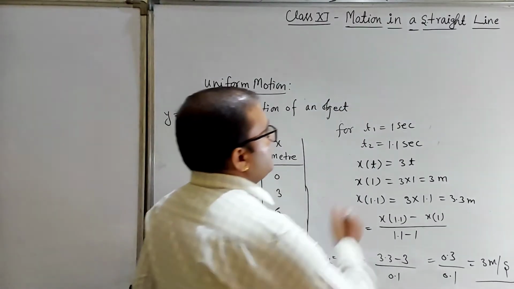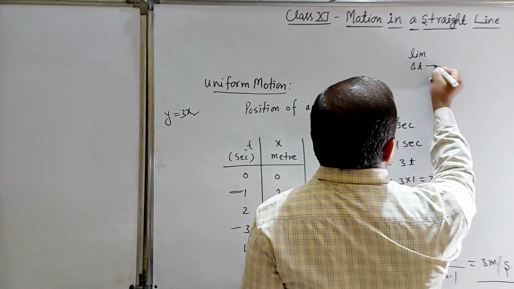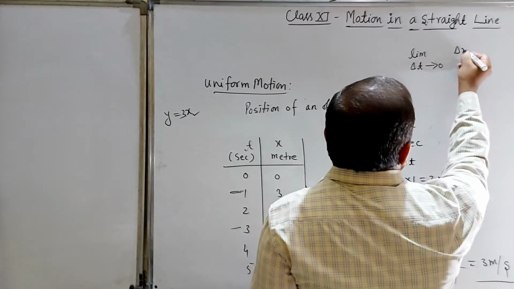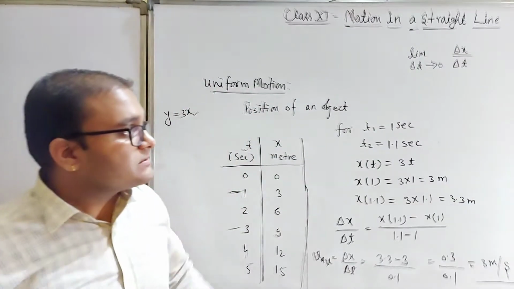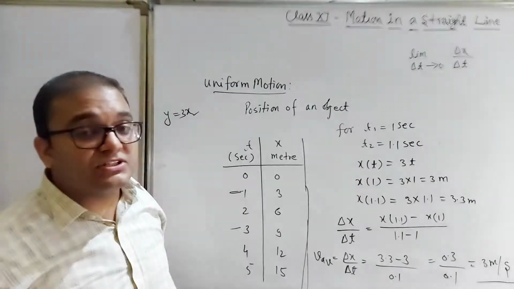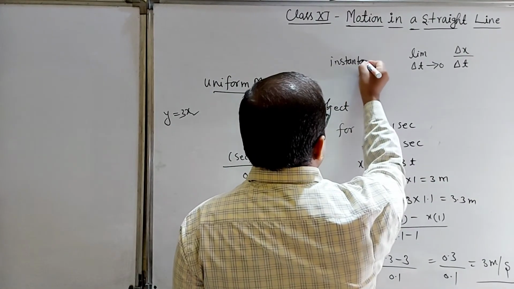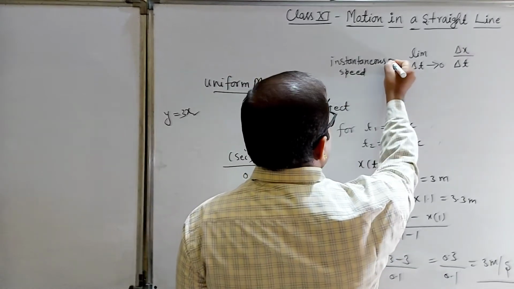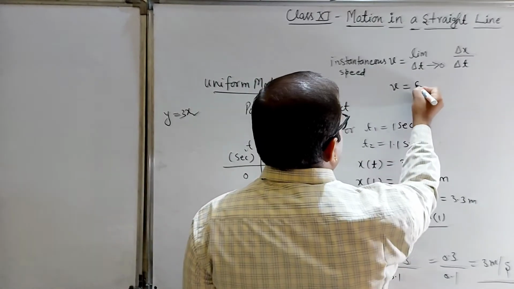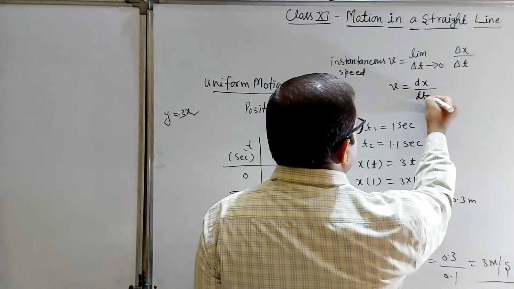And if we write limit delta t tends to 0 of delta x upon delta t, then it becomes the instantaneous speed. Yes or no? Instantaneous speed v equal to this, and by differentiation we say v equal to dx upon dt.